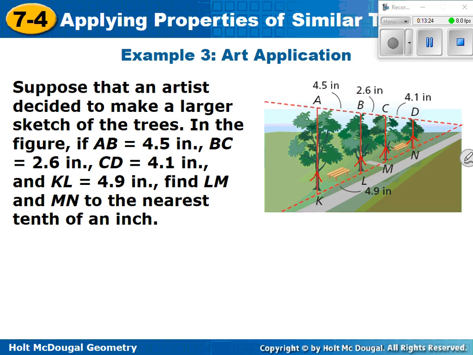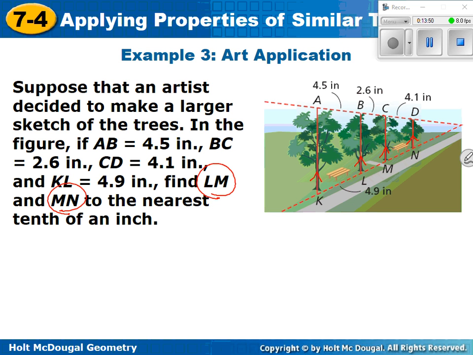Okay, and they put all of this information already on the picture for you. They want you to find LM and MN. So remember, this theorem is saying that the transversals are split into pieces, and each of those pieces will be proportional to the other 2 pieces. So in our picture, that would mean AB over BC would be proportional to what?